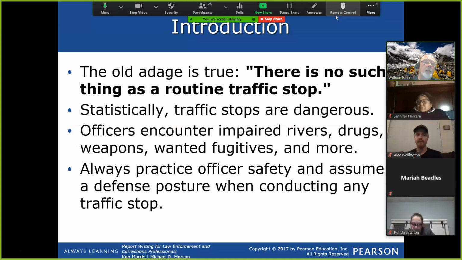With that in mind, you really need to understand that there is no such thing as a routine traffic stop. If you ever hear that come out of somebody's mouth, they are completely incorrect, because you watch the news and all the videos and things just like I do. And from working in the business as long as I have, we know that statistically traffic stops are dangerous, because you don't know who's in the car. You don't know what's in the car.